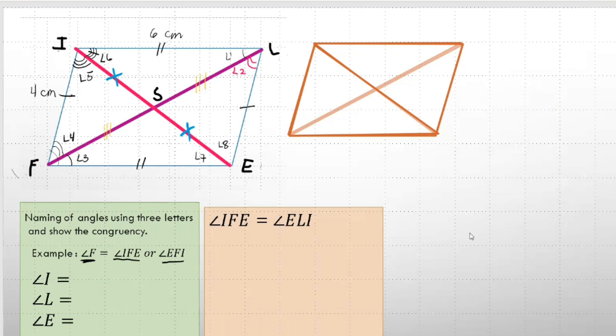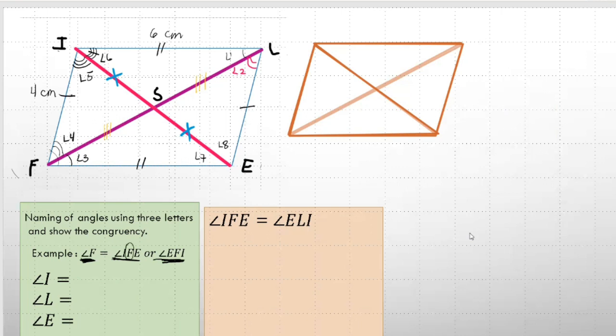How can we identify na yun yung angle na kukunin natin? So, if we are going to use the three letters, kung ano yung nasa middle or yung middle letter natin, yun yung angle na kinukuha natin. That's why we have here angle F is equal to angle IFE or angle EFI. So, if you are going to observe, si angle F natin ay nasa middle.